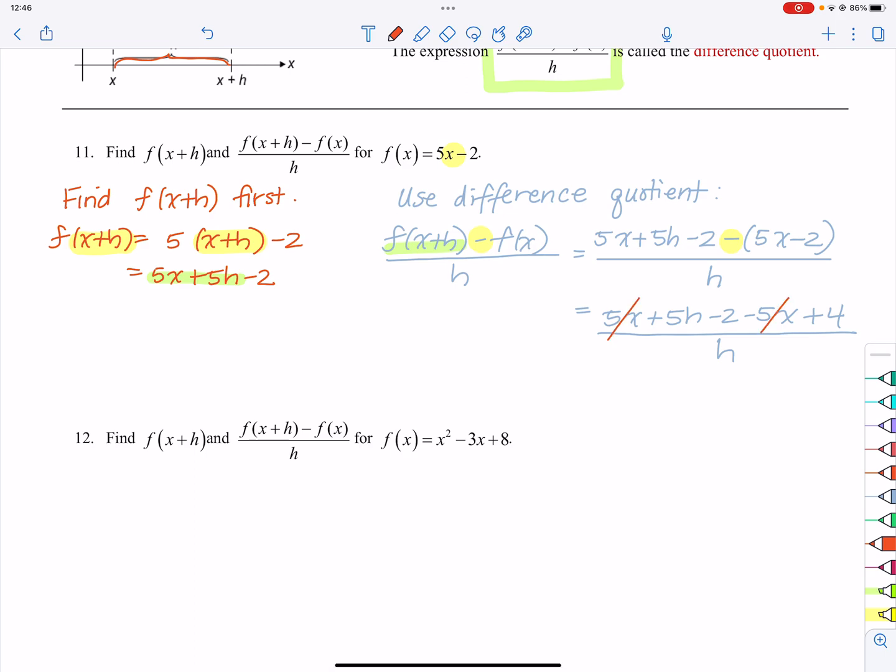And we end up with 5h, and this should be a plus 2. And those will also cancel. So this works out really nice. 5h over h, and it's simply equal to 5.